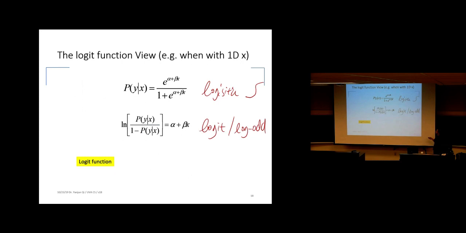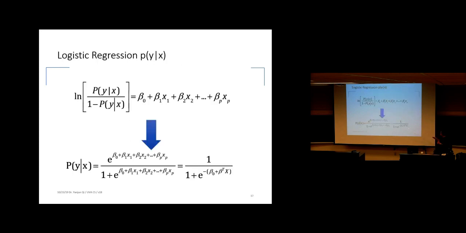Geometrically, let's see what it looks like. Because x has multiple dimensions, it's too difficult to visualize. So let's go to one-dimensional x, and then y, and this is the surface map. In the one-dimensional case, P(y given x) is e^(alpha plus beta x) over 1 plus e^(alpha plus beta x). It's really just a little simplification by only having one feature.